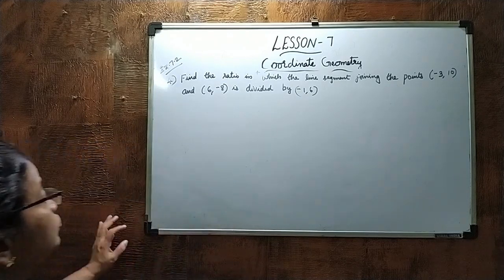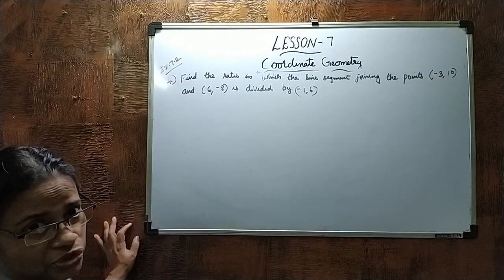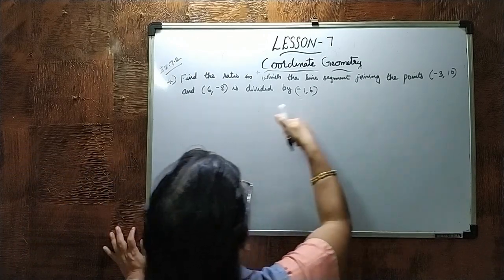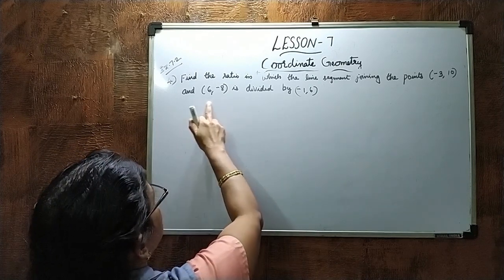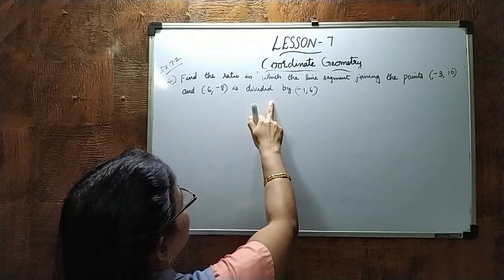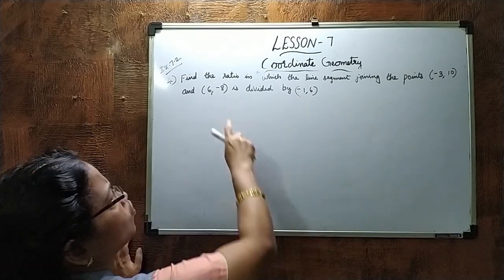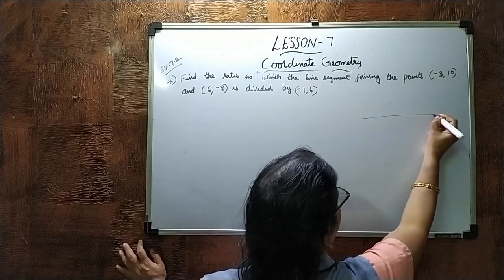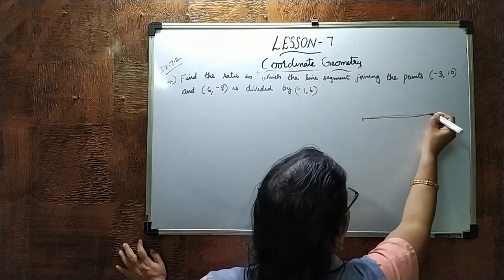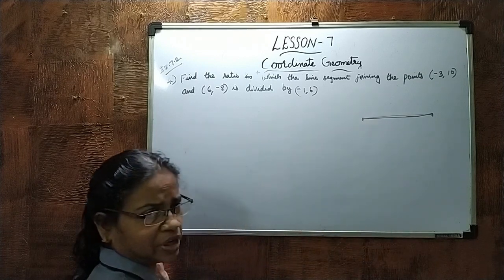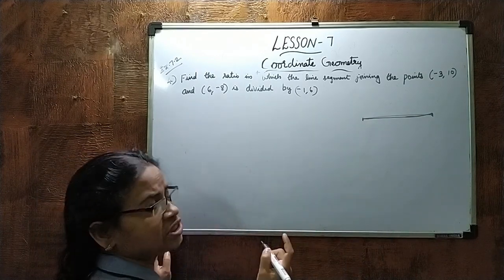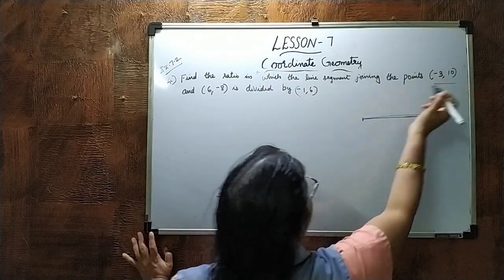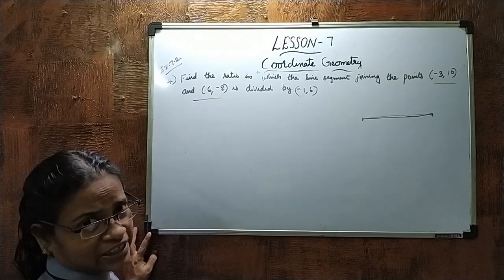Now next question, exercise number 7.2, fourth question. Find the ratio in which the line segment joining the points negative 3, 10 and 6, negative 8 is divided by negative 1, 6. You have to find out the ratio. So there is a line segment in the Cartesian plane, and they have given you the coordinates also: the line segment joining the points negative 3, 10 and 6, negative 8.